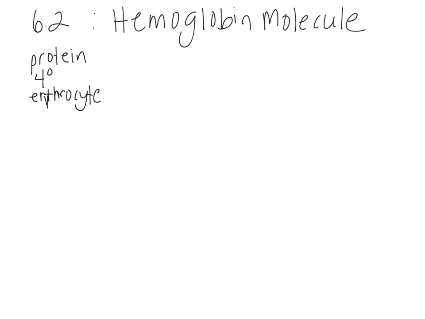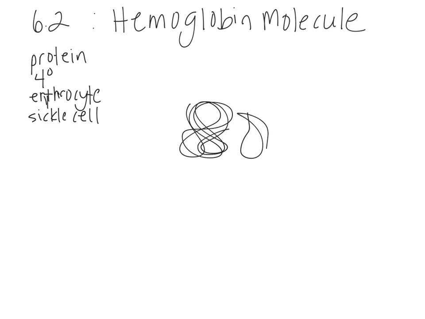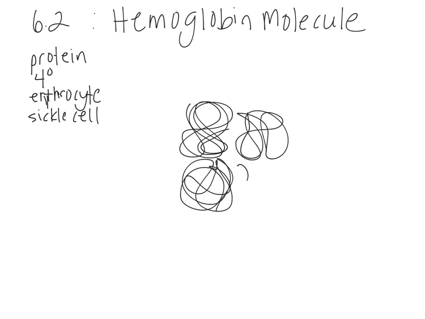It's also important to note that you may see questions about sickle cell in regards to hemoglobin. Okay, so like I said, hemoglobin is made up of 4 polypeptides, which I'm going to just denote as this. So there's 1, 2, 3, 4.